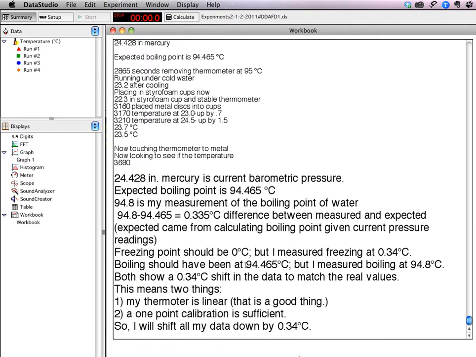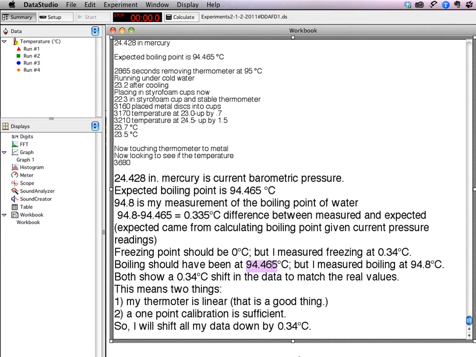Boiling should have been at 94.465, but indeed it boiled at 94.8. And that's a 0.34 degree shift, which is also the measuring shift in the 0 degrees Celsius, the freezing point.